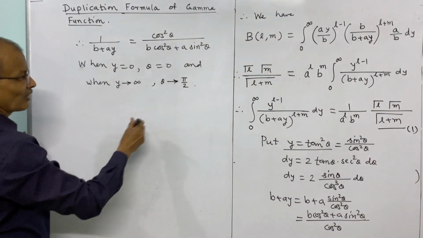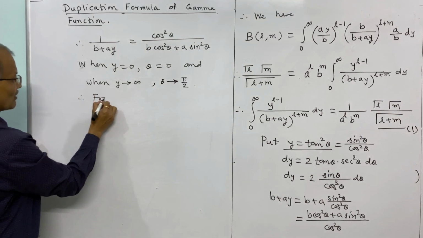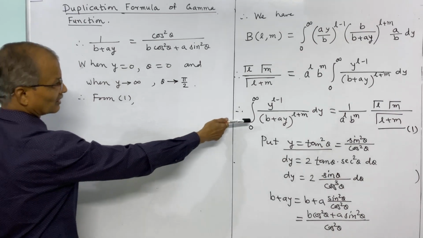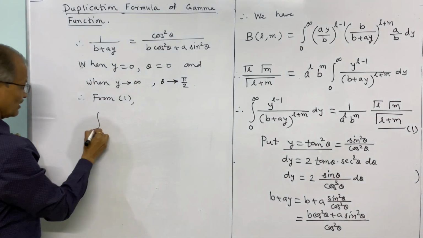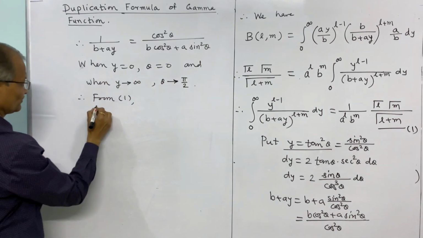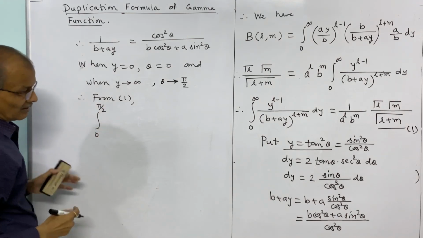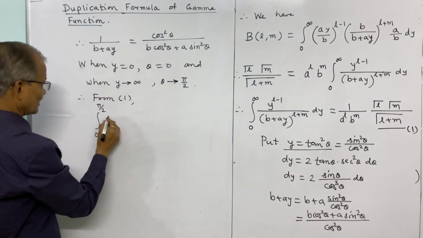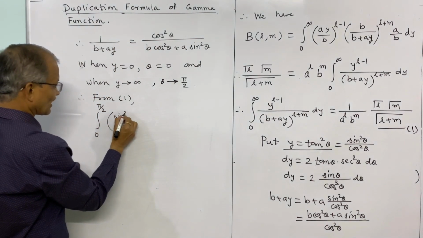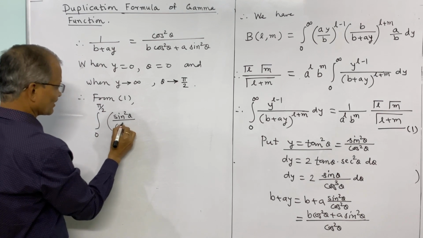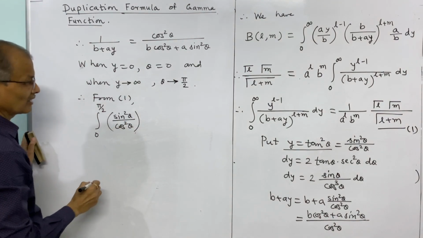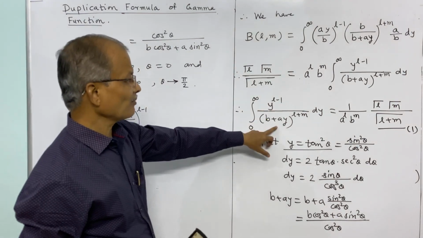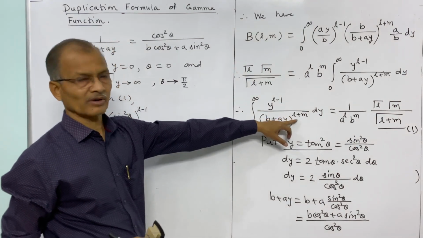And thus from 1, this integral becomes integral 0 to pi by 2. Y is sin square theta upon cos square theta. So that is sin square theta divided by cos square theta to the power L minus 1. And this is 1 upon b plus ay to the power L plus m.